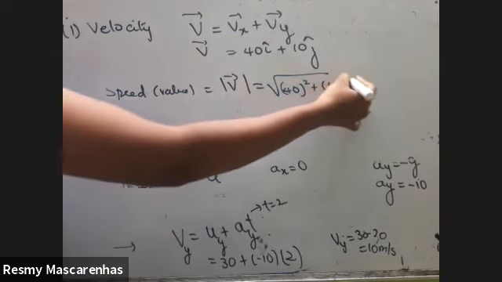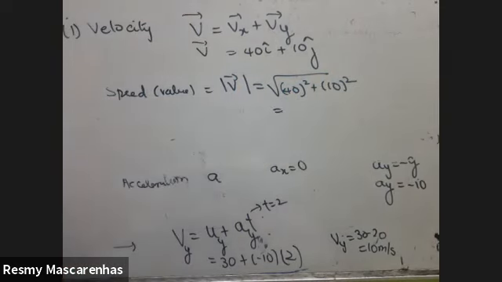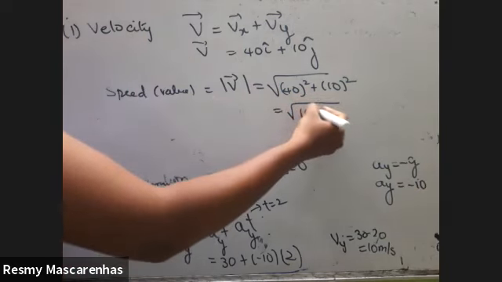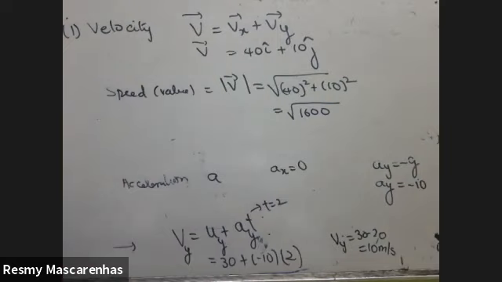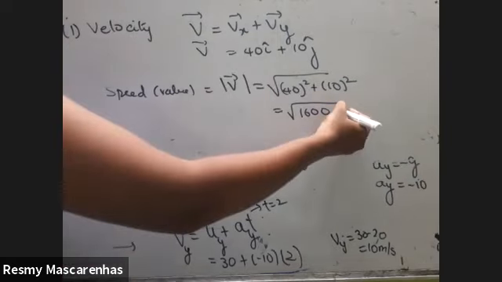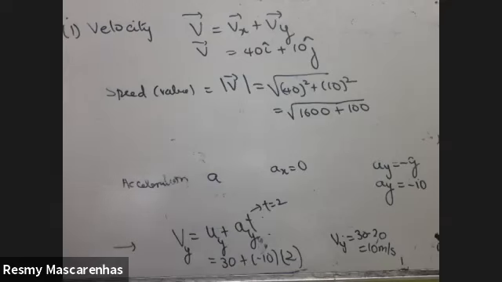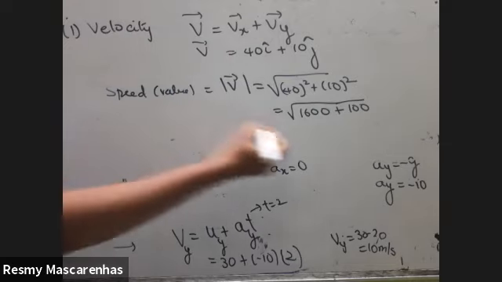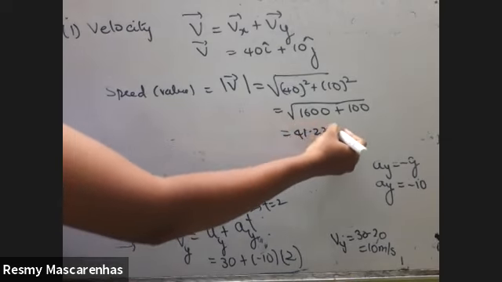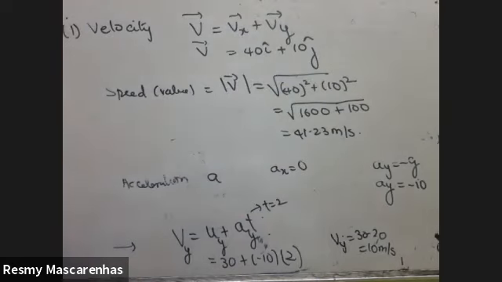So 40 square plus 10 square. 40 square gives you 1600, and 10 square is 100. Then the root of that is around 41.23 meters per second. The first part is done.